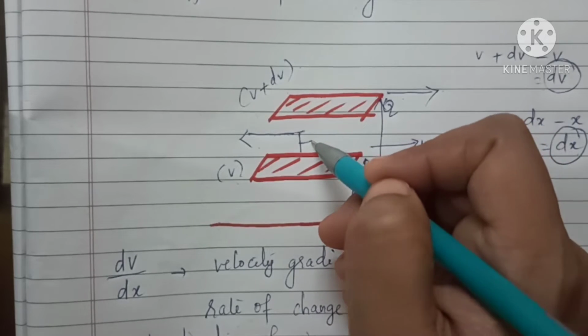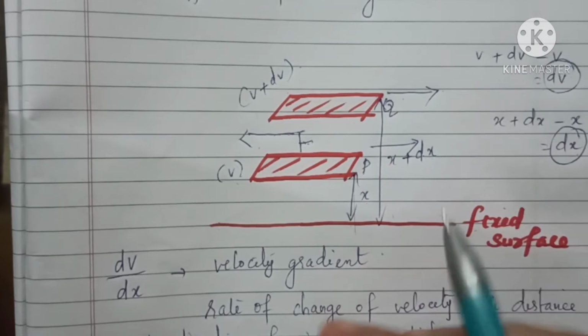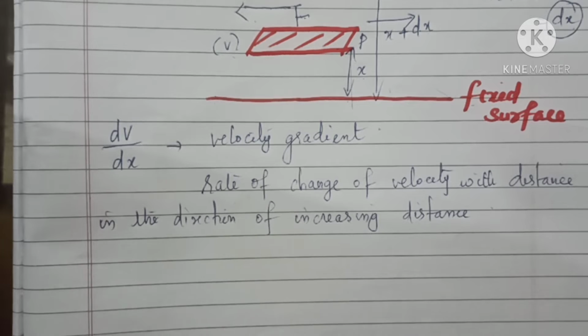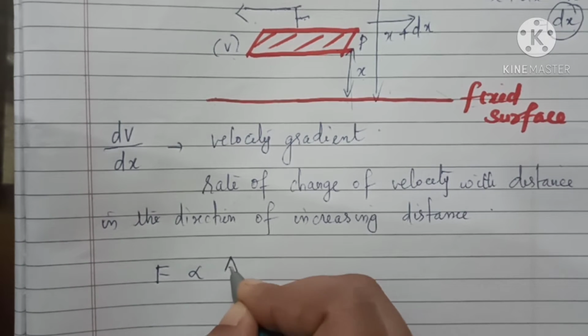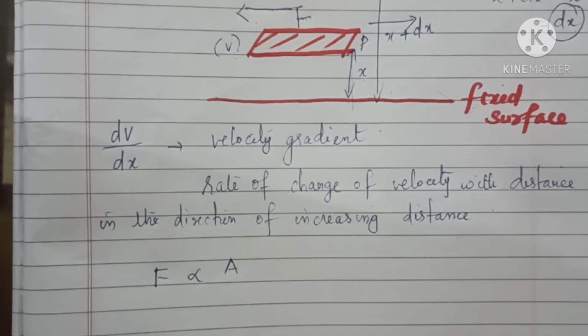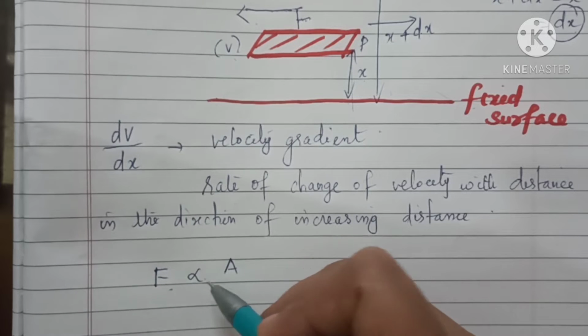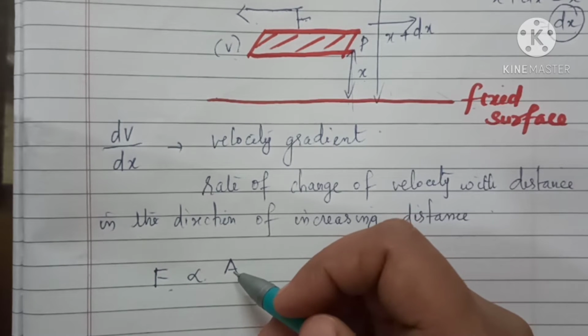Now, according to Newton, this viscous force depends upon certain factors. First one is viscous force F is proportional to the area A of the layers in contact. That is the first point.